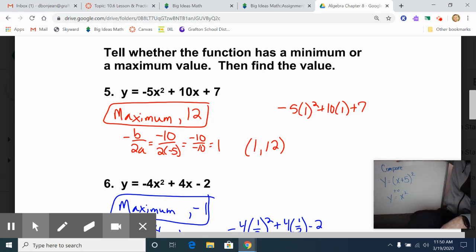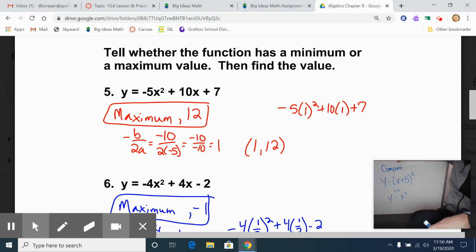So let's remember, we actually kind of just did this in that first day, that Desmos activity. If we have something in parentheses, like plus 5, we would say that it's a translation 5 units to the left. It kind of goes opposite of what we would think. Plus 5 really moves it to the left 5 units.